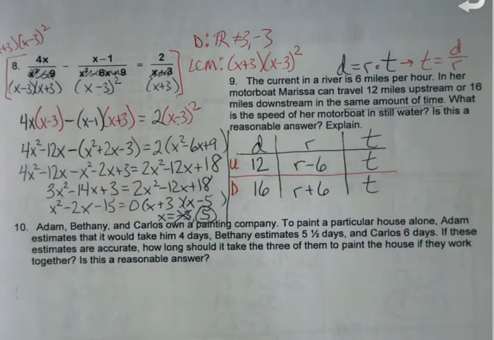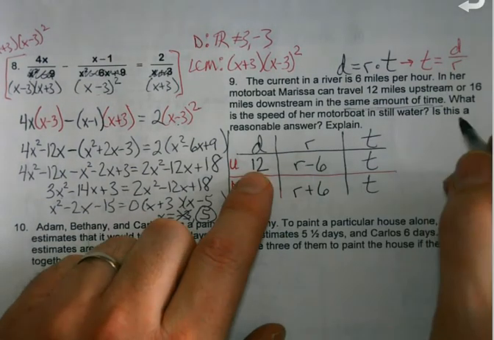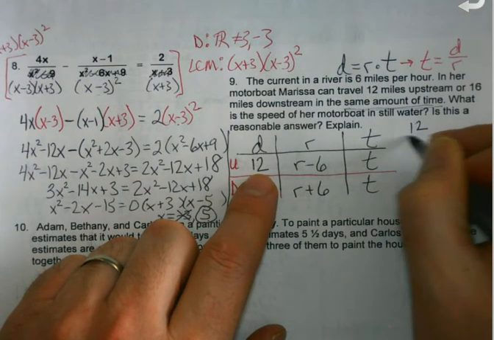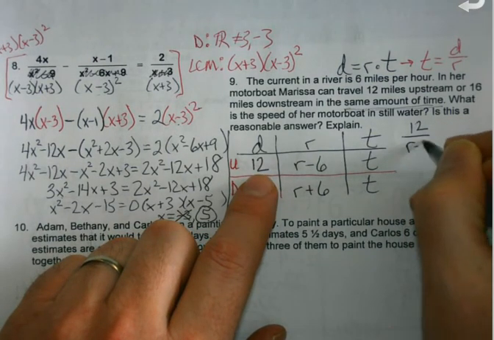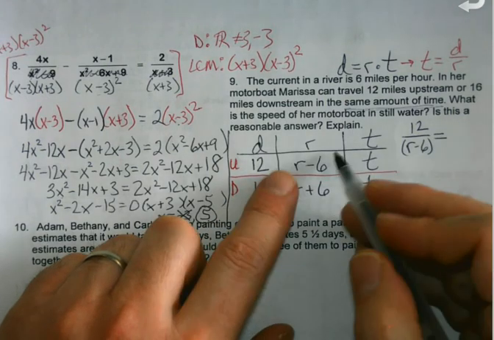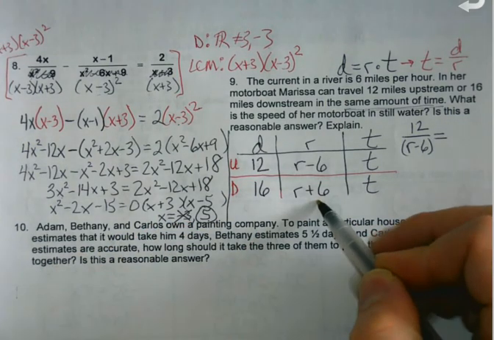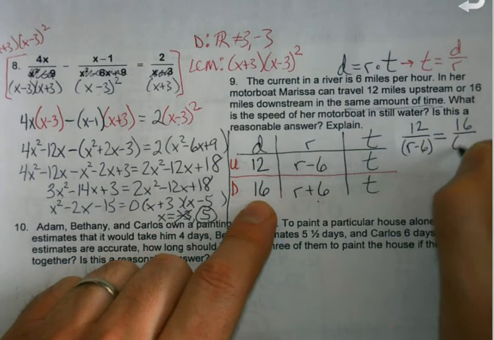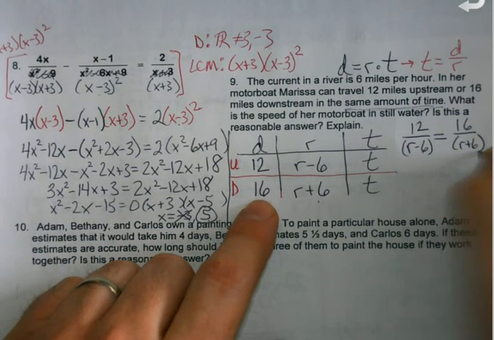I'm like, oh, all right. So for my upstream, I have distance divided by rate. And that's going to have to equal the other one because I want the same amount of time. Distance divided by rate.